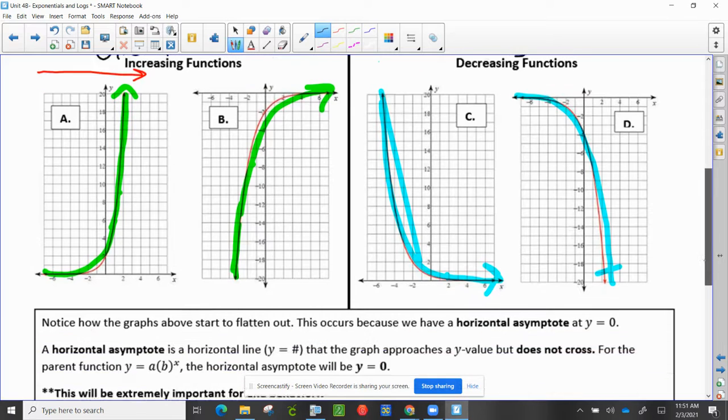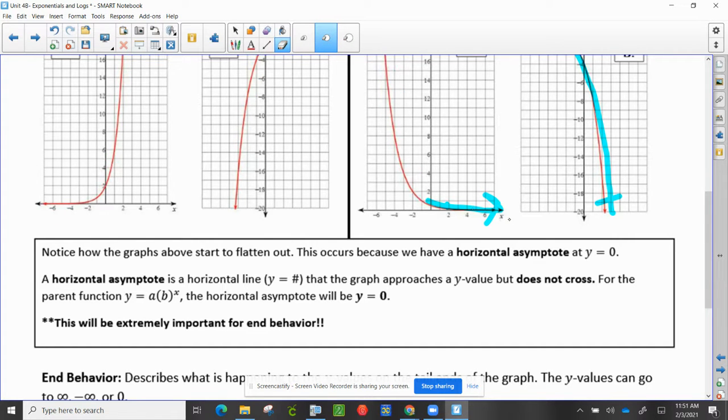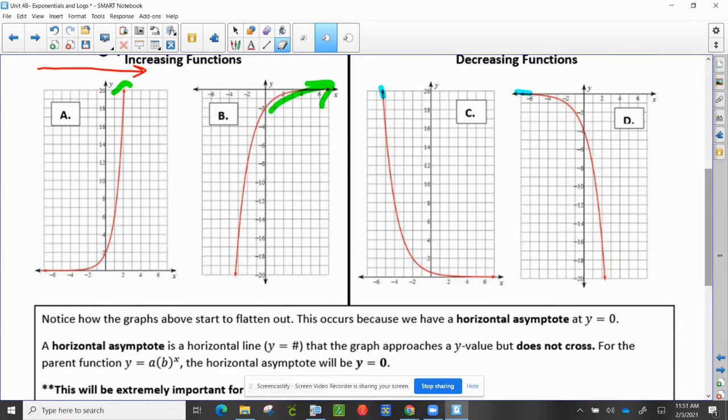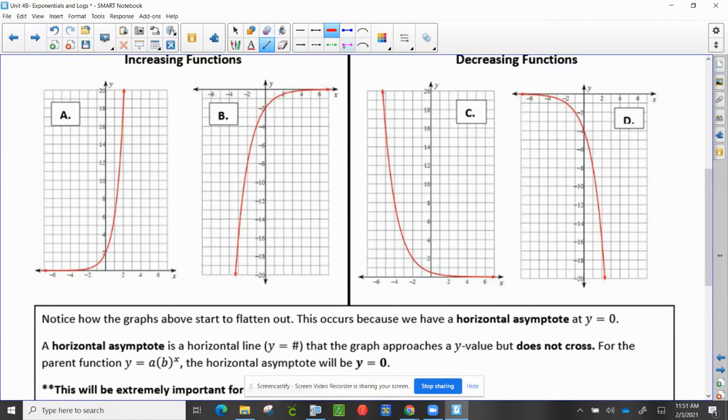Okay. So another thing we need to point out here is to notice how the graphs start to flatten out. But on each graph, whether it's on the bottom of the graph or the top of the graph, our graphs start to flatten out. Okay, and I'll show you kind of where that happens. I'll get a line here.